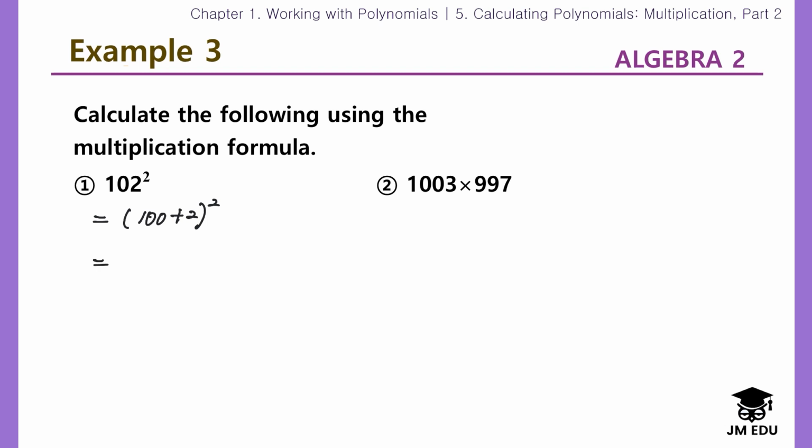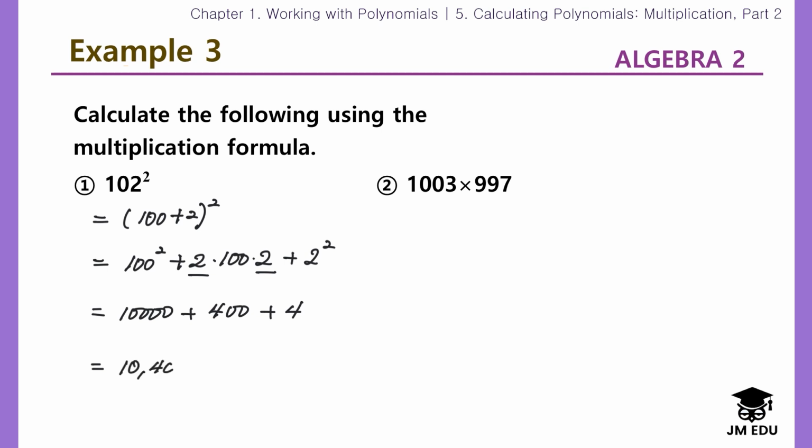So binomial square, first term squared plus 2 times first term, second term plus second term squared. So 100 squared, that's 10,000. 2 times 2, that's 4. 4 times 100, that's 400. Plus 2 squared, that's 4. So that's going to be 10,404.